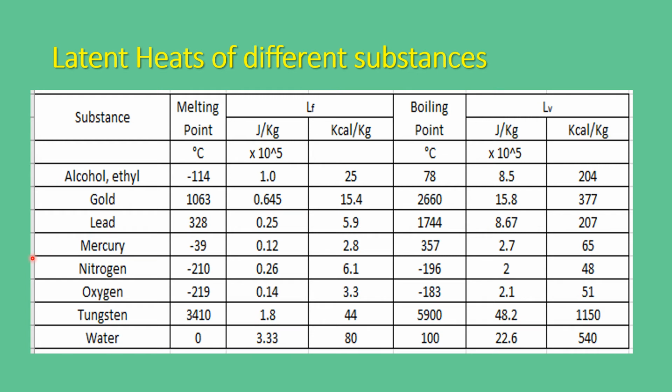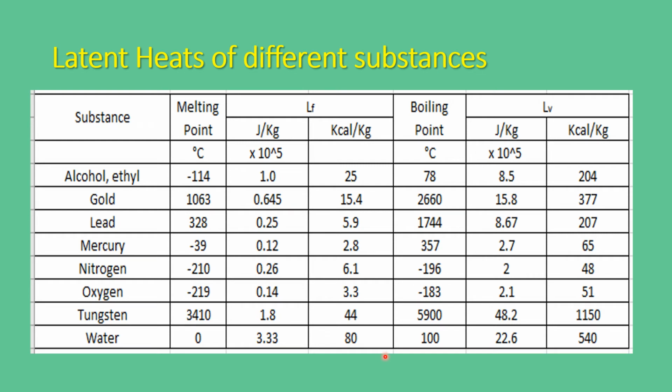Here is a list of latent heats of different substances. For example, for water, the latent heat of fusion for water is 3.33 joules per kilogram. This latent heat of fusion will only be involved in the computation once water starts to turn from solid to liquid at the temperature of 0 degrees Celsius or at melting point.